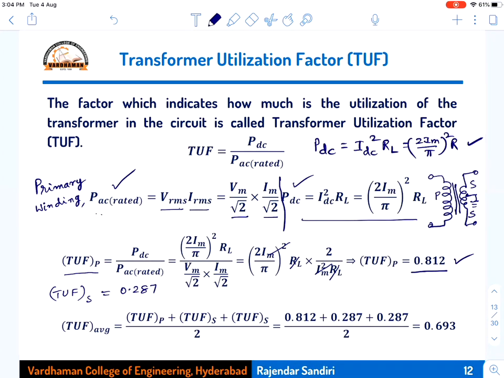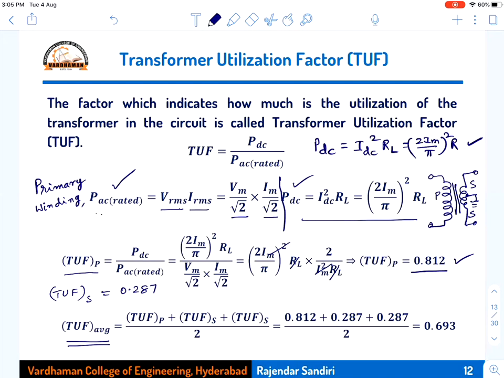Then the entire transformer utilization factor can be calculated as the average of these two windings, primary and secondary, though the secondary is divided into two parts. The average TUF will be the TUF of the primary plus the TUF of the secondary, divided by 2.